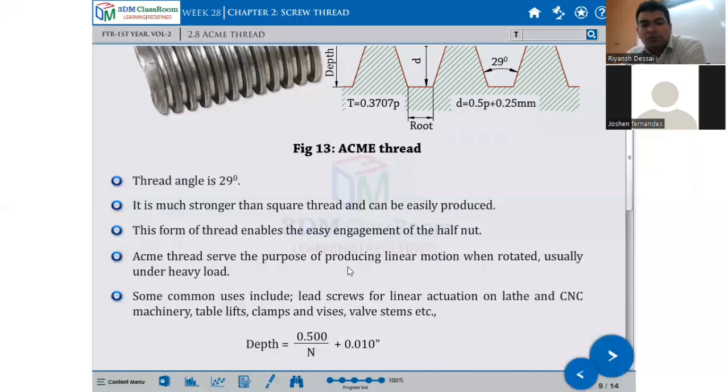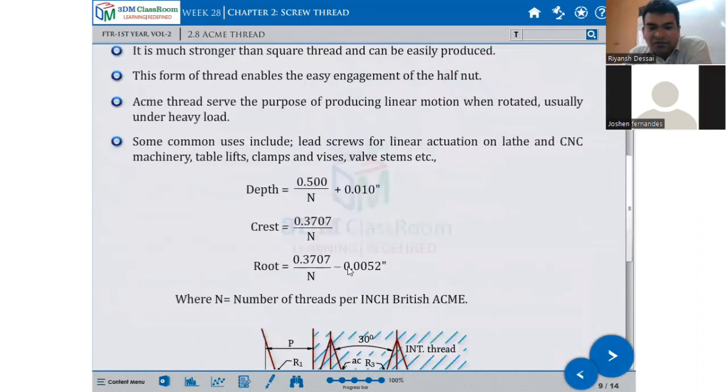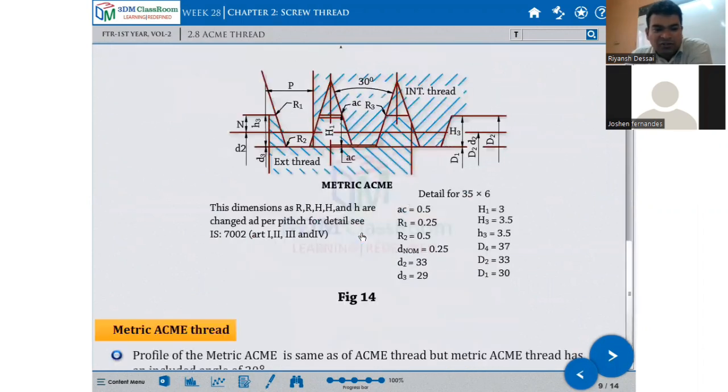Some common uses include the lead screw for linear actuation on a lathe machine, CNC machinery, table lifts, clamps, vices, valves, presses, etc. In general, the depth should be 0.5 upon n plus 0.001 inch, the crest 0.3707 upon n, and the root 0.3707 upon n minus 0.005 inch, where n is the number of threads per inch in the British system.